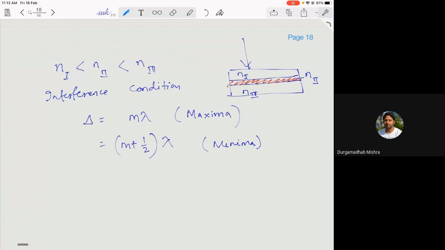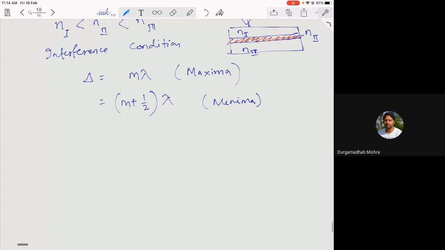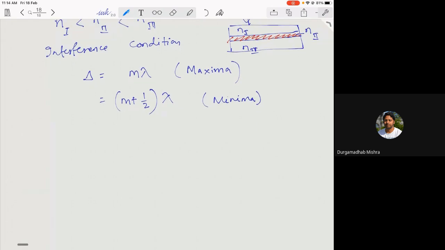Actually, it was the Maxwell's equation that led to this kind of application that I am describing right now. So let me first describe this application, which is the design of anti-reflection coating.